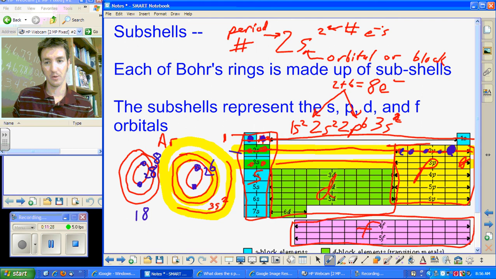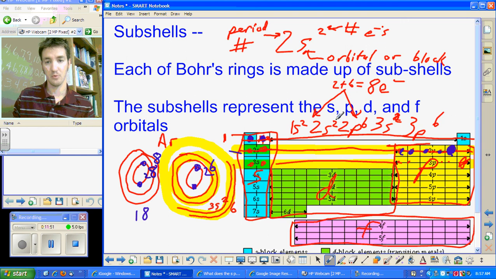Then you keep going across, and you go 1, 2, 3, 4, 5, 6 on the 3p. So again, inside the third shell that holds 8, I really am putting on 2 and then another 6. And so 3p6. I need to have 18 electrons when I'm done.